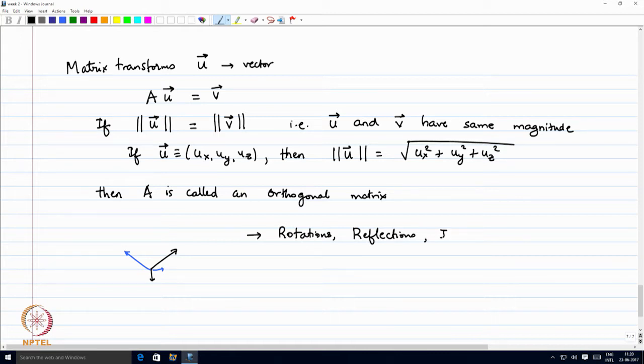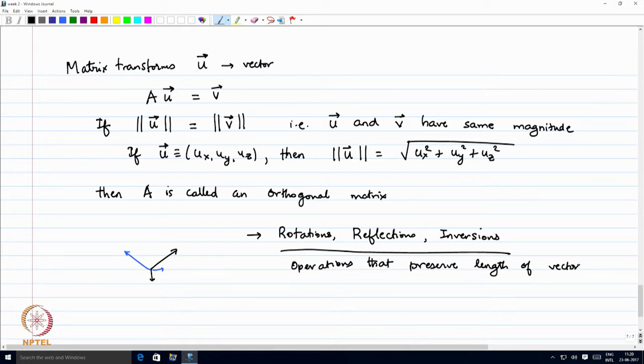You could have inversions. Okay, so you could take a vector and point it in the opposite direction, that would be an inversion of the vector. You could reflect it about a plane. So you could take each vector and reflect it about a plane, and so on. So these are examples of operations that preserve the length. Okay, so these are the kind of transformations that we will see.